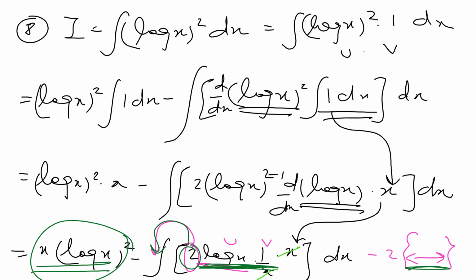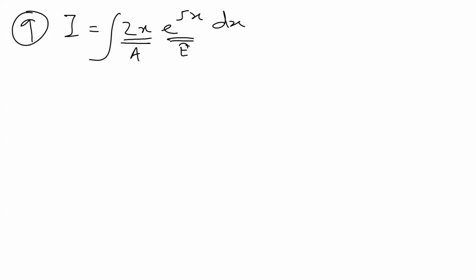Question number 9. Integration of 2x e raised to 5x dx. You can take 2 out also, otherwise 2x together is algebraic, and this is exponential.